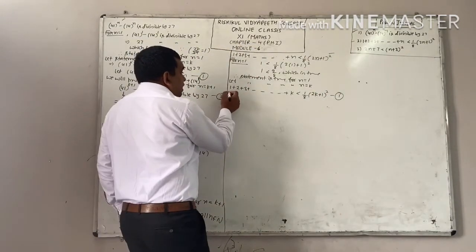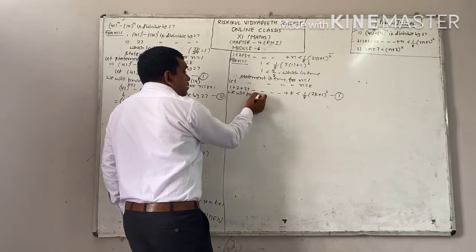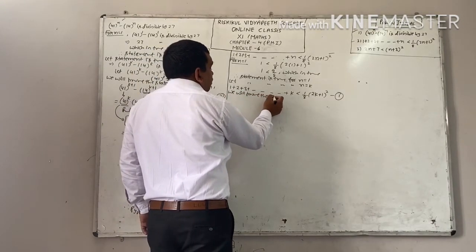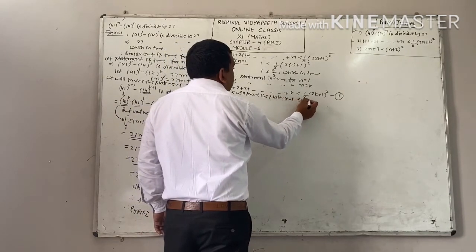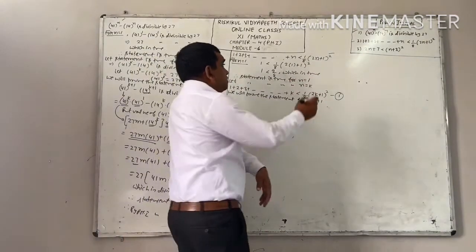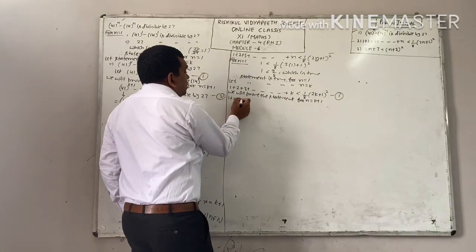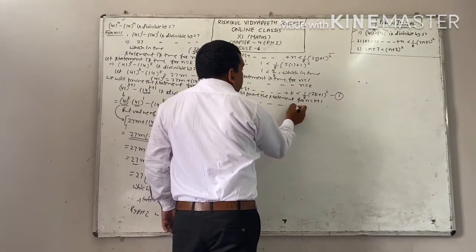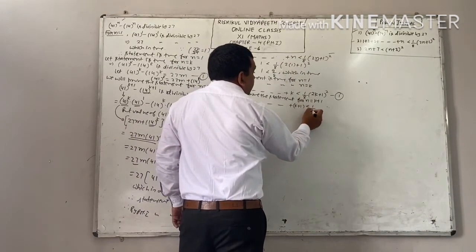Last step, we will prove the statement for n equal to k plus 1. Now put n equal to k plus 1 here. See what you will get. You will get 1 plus 2 plus 3 plus up to so on k plus 1 less than 1 by 8.